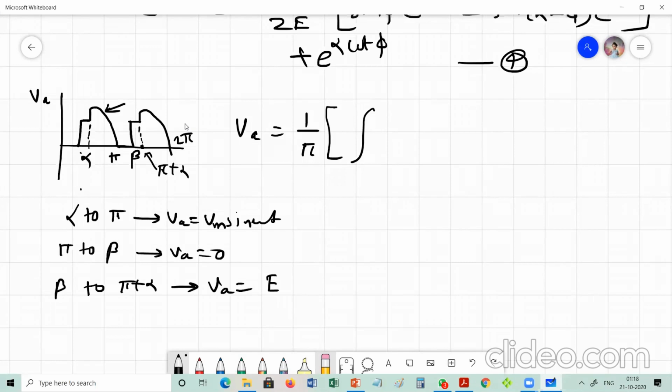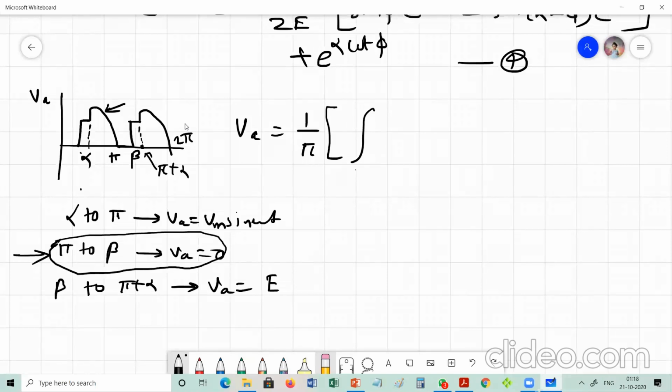From alpha to pi plus alpha, the duration is pi. I am taking the average over the duration from alpha to pi plus alpha, but that can be divided into 3 parts, and one part can be omitted because here the value of voltage is 0.